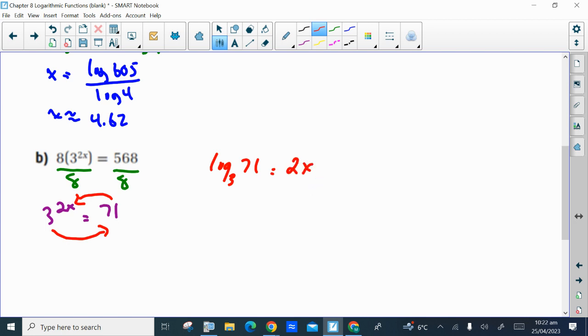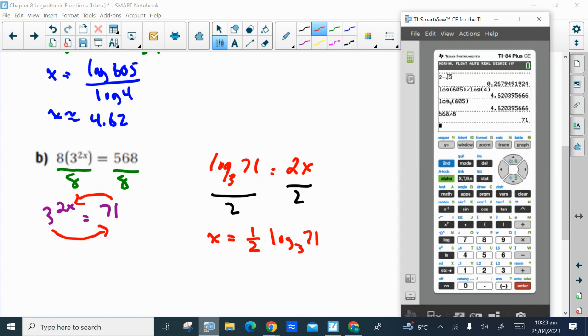And then if you divide both sides by 2, you'll have x by itself. So x as an exact value is log base 3 of 71 divided by 2, which is the same as multiplying by a half. Either way, it's the same thing.